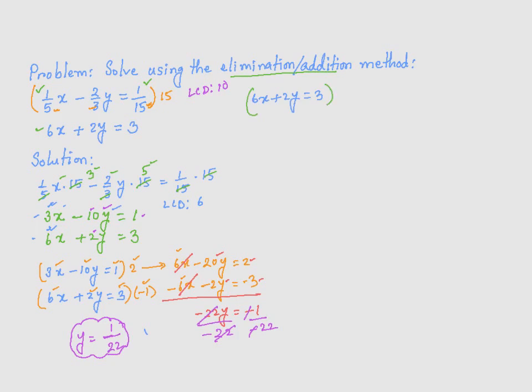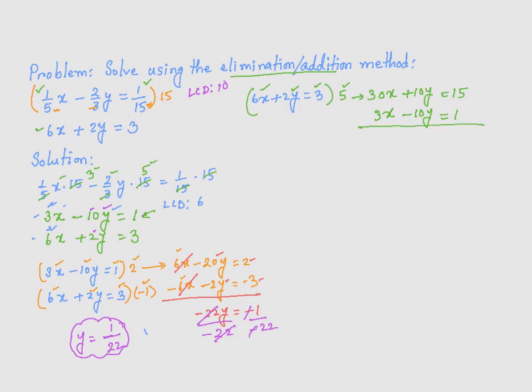So multiply this one by 5, that's going to give me 5 times 6x is 30x, and 5 times 2y is 10y, and 5 times 3 is 15. And with that one, I'm going to add this equation, which is, by the way, 3x minus 10y is equal to 1.